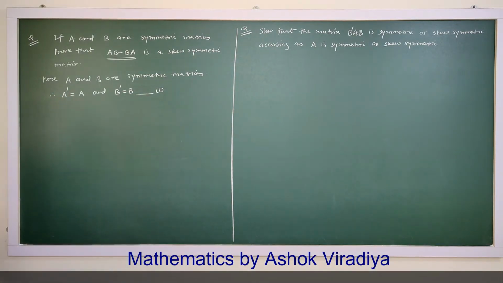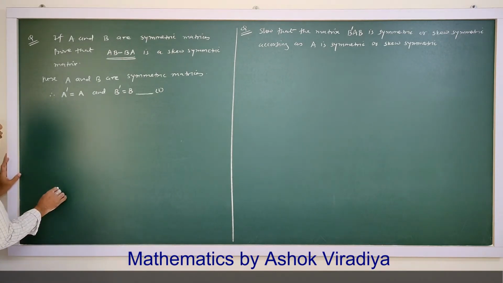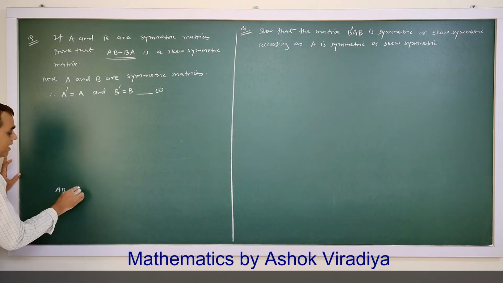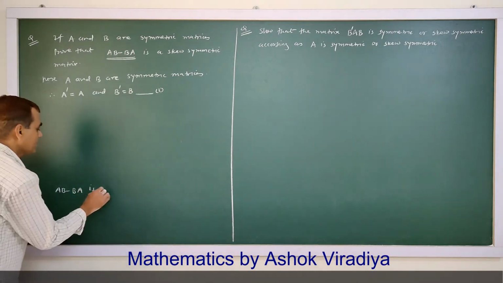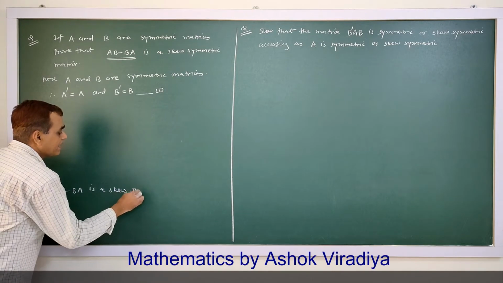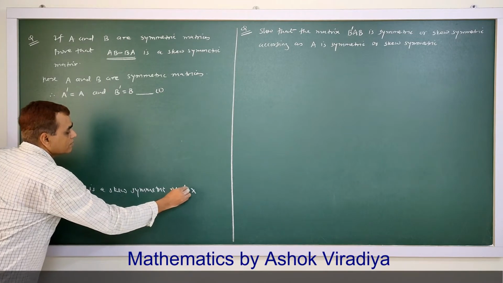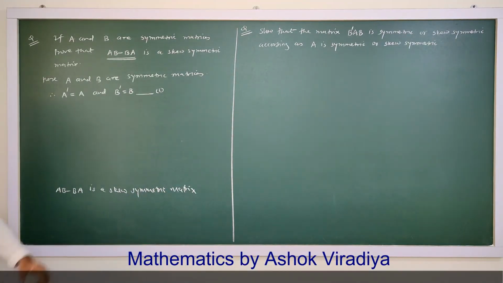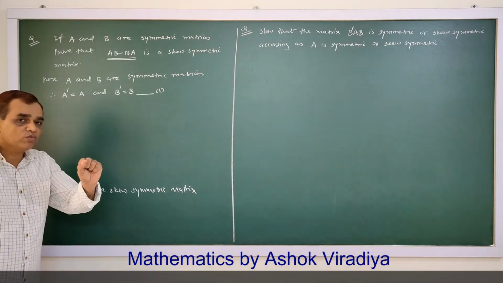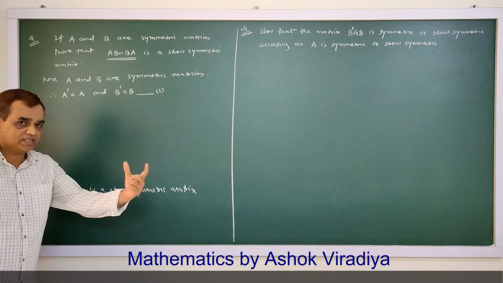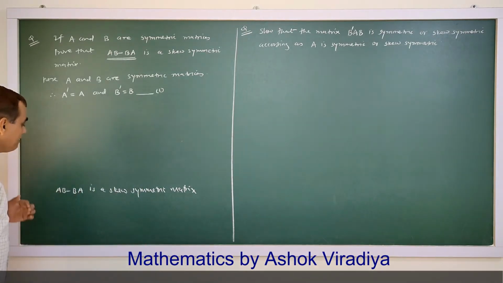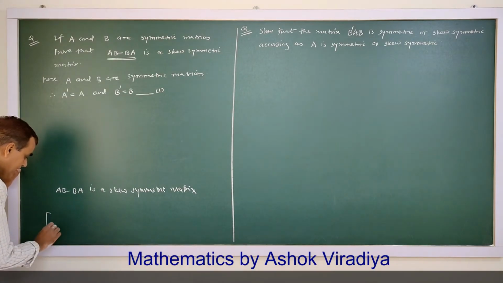Now we want to show that AB minus BA is a skew symmetric matrix. Now, what is the definition of a skew symmetric matrix?